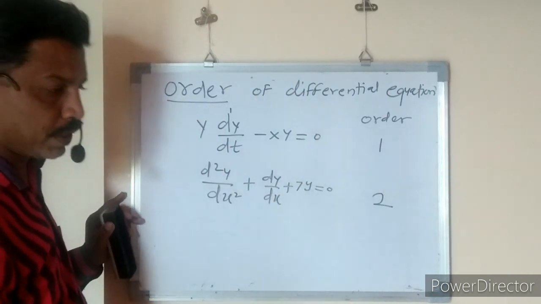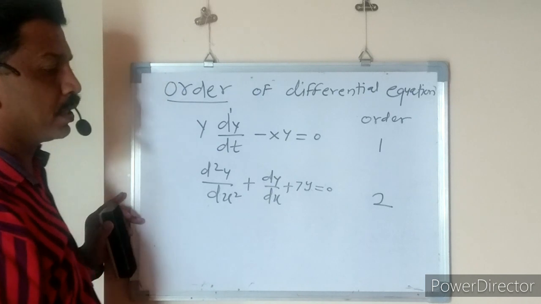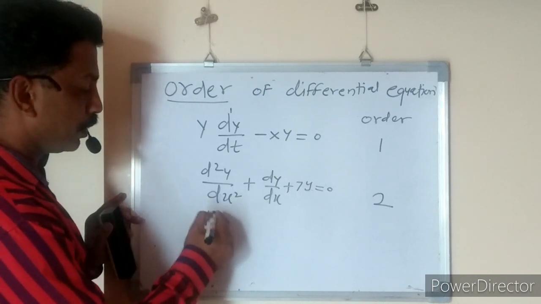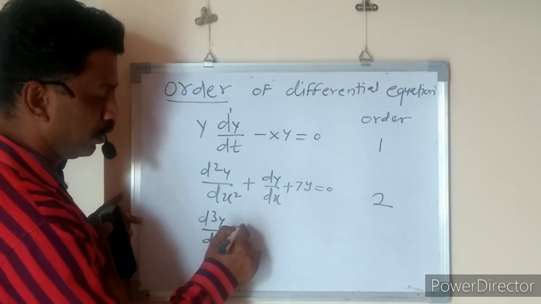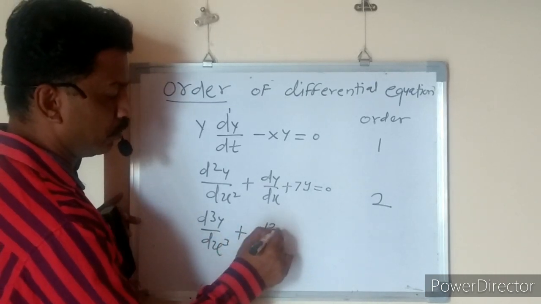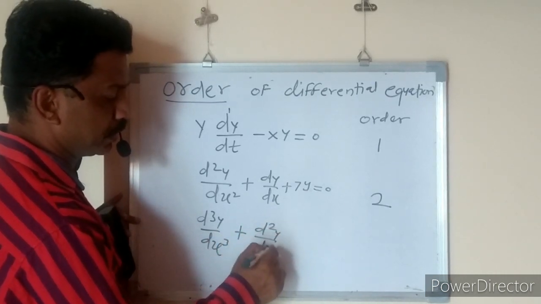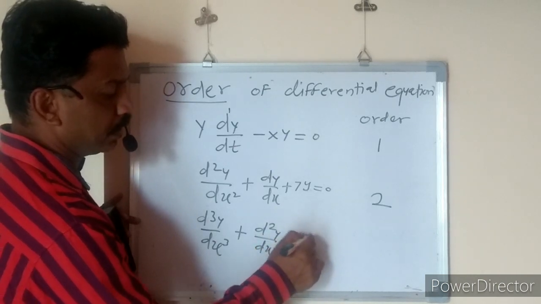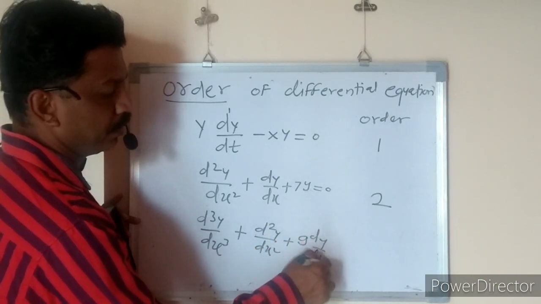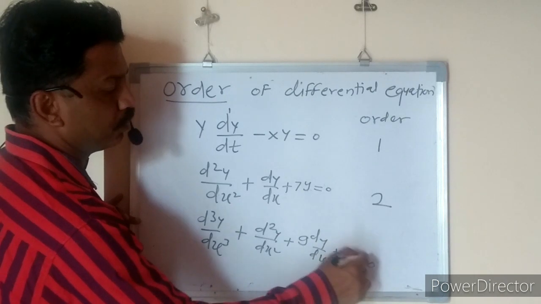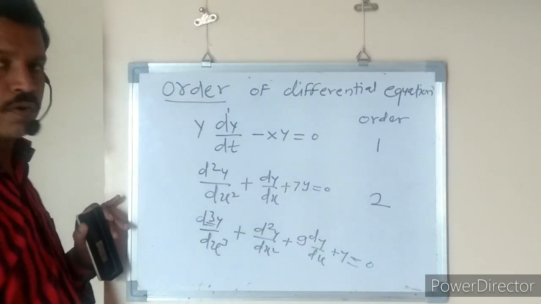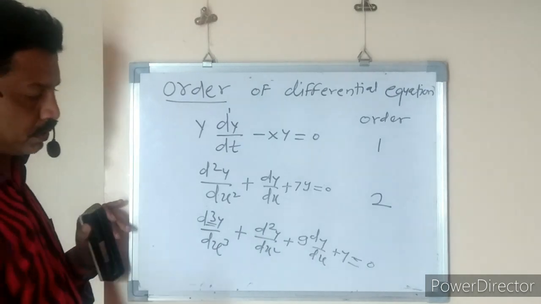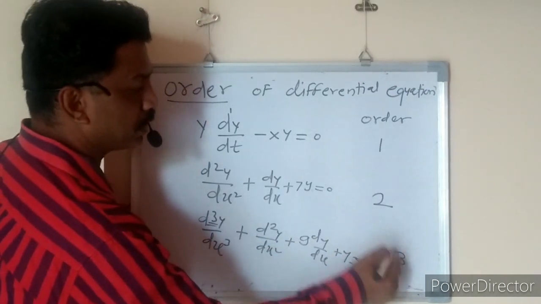If we take another example, that is d3y/dx³ + d2y/dx² + 9 dy/dx + y = 0. Now here the highest derivative is of order 3, therefore the order is 3.